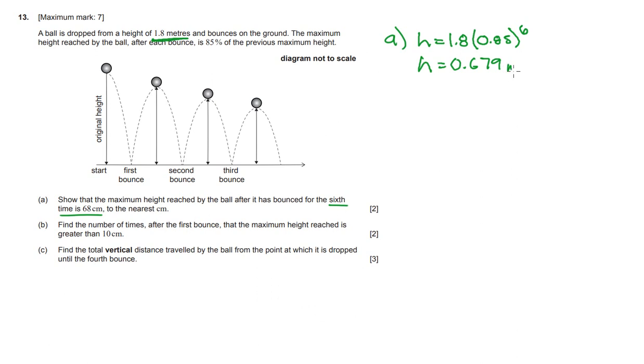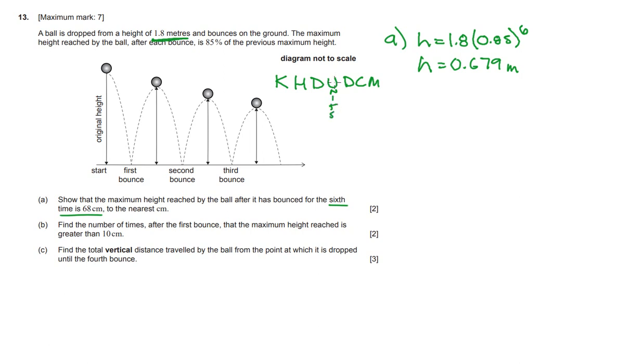0.679, but this is in meters, and it says 68 centimeters to the nearest centimeter. If you don't remember how to translate everything in the metric system, it's King Henry died unexpectedly drinking chocolate milk, and U is for units.